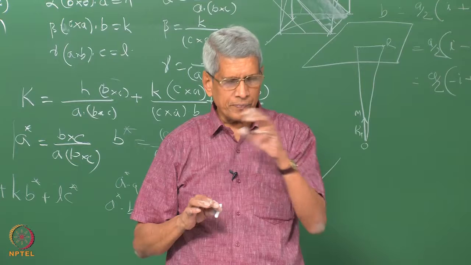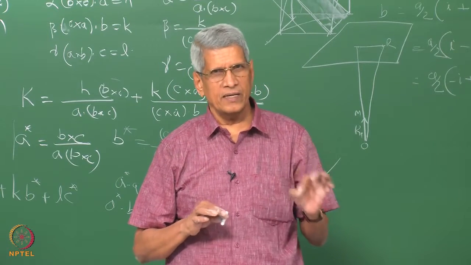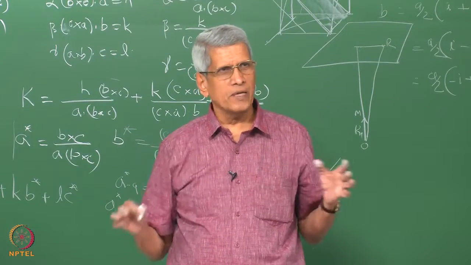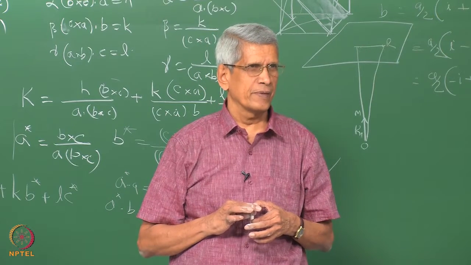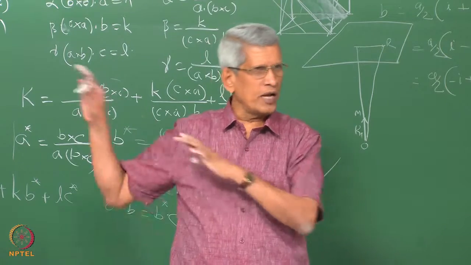What is essentially important is that when you find the volume of the real lattice, it is A dot B cross C, right. That volume depends upon the unit we choose to represent A, B and C, correct. Similarly, we can find the volume of the reciprocal lattice unit cell.